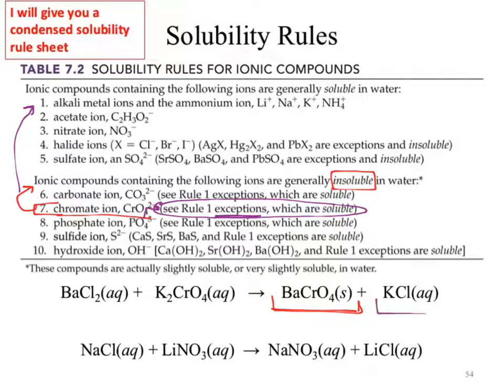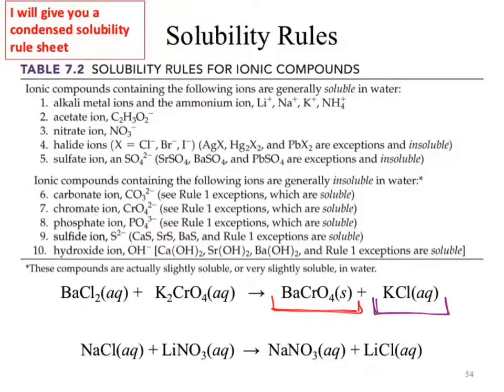How about potassium chloride? What rules apply to potassium chloride? Rule 1 right out of the gate applies because potassium is an alkali metal. Notice where rule 1 is located. It's located under the heading: the compounds containing that are generally soluble, which means the phase is aqueous.